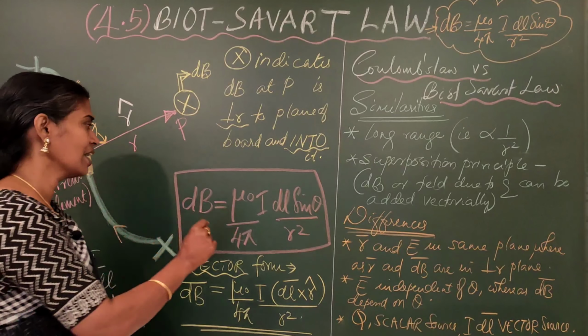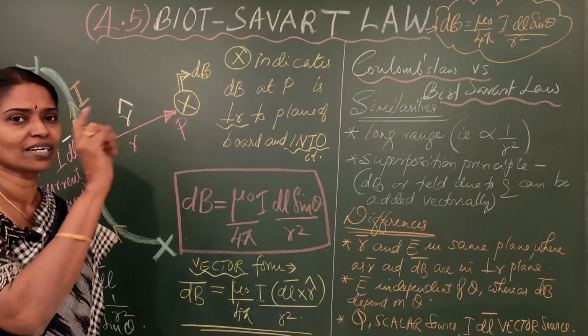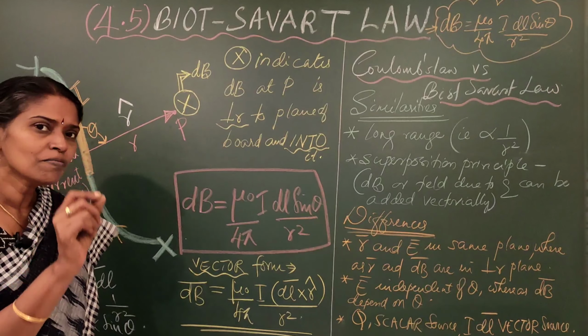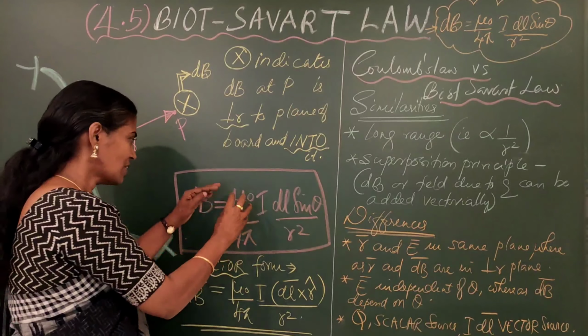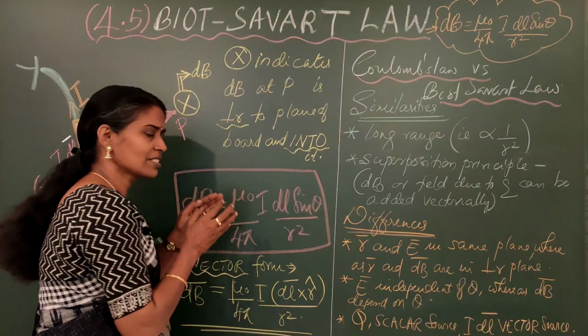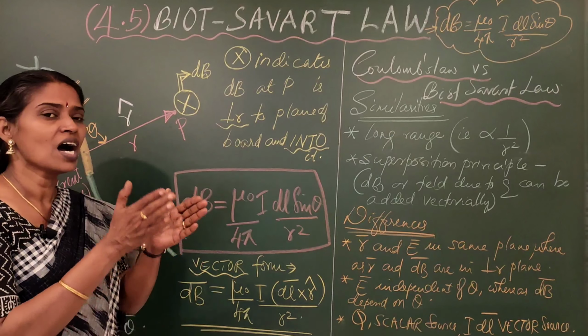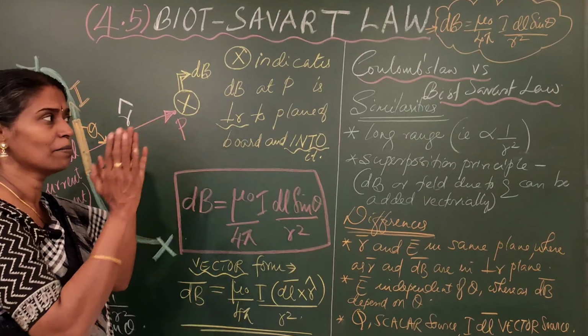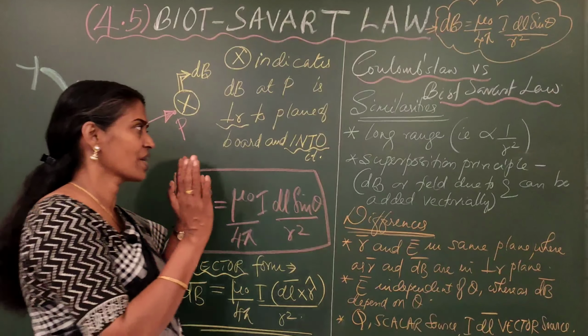You have studied the term 1 by 4 pi epsilon 0 in electrostatics. That 1 by epsilon 0 is known as mu 0. So this has a clear resemblance with Coulomb's law. So let us see Coulomb's law versus Biot-Savart's law, some similarities, some differences.